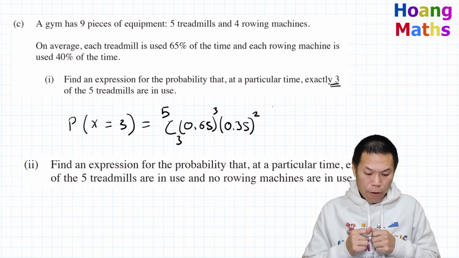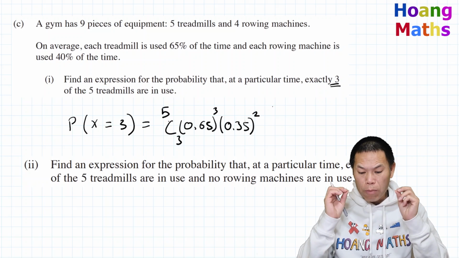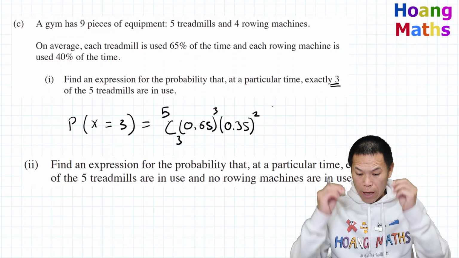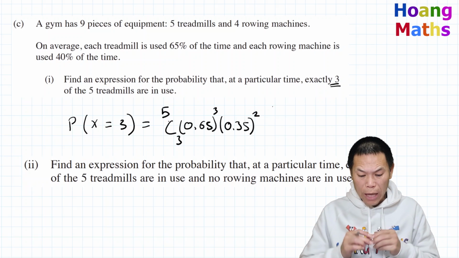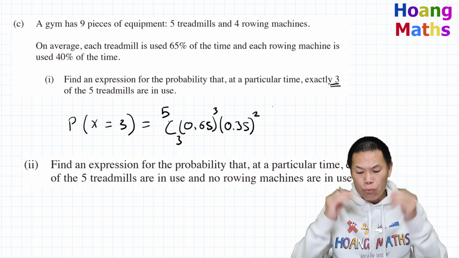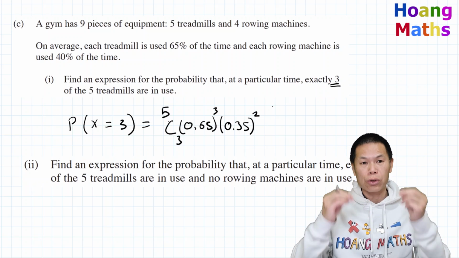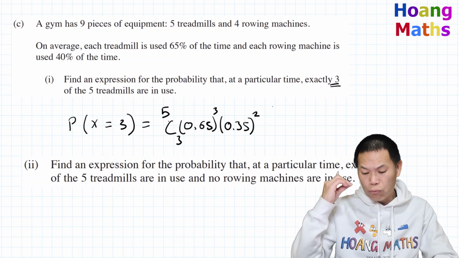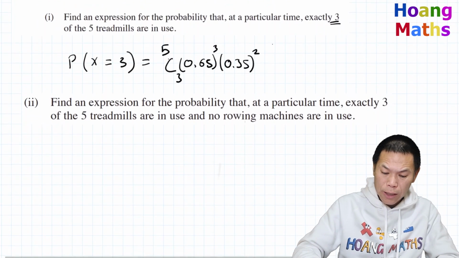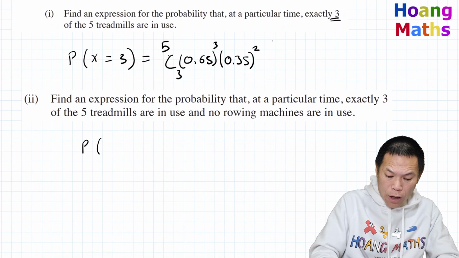Now part 2. Find an expression for the probability that at a particular time, exactly 3 of the 5 treadmills are in use and no rowing machines are in use. So first of all, let me just find out the probability for no rowing machines in use first. So the probability of X is equal to 0.